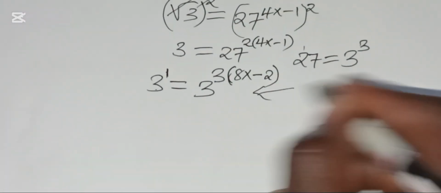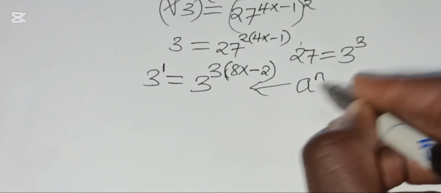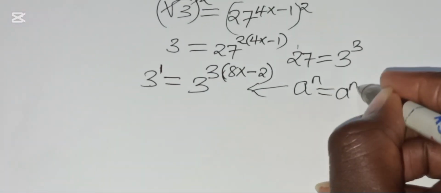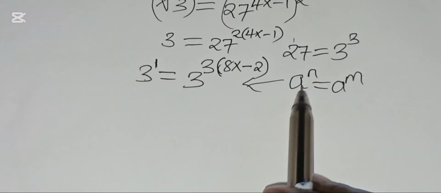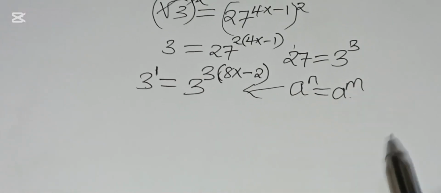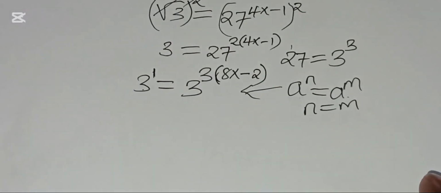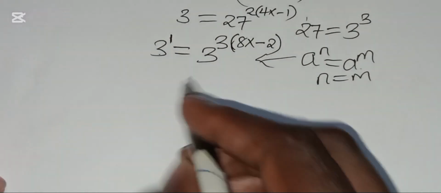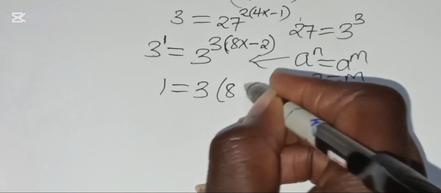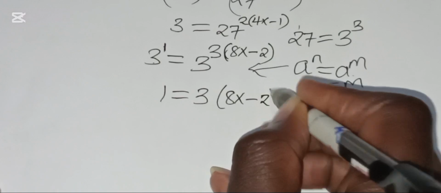Again, applying the identity that if you have an exponent where the bases are common, then n is equal to m. So let's apply this property again, so that now we are going to have 1 is equal to 3 multiplying by 8x minus 2.